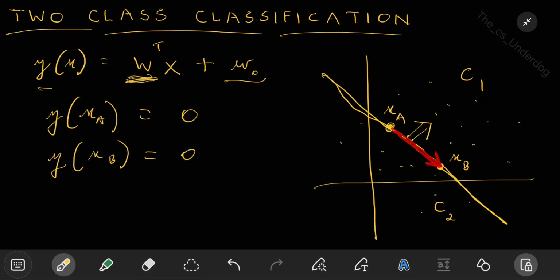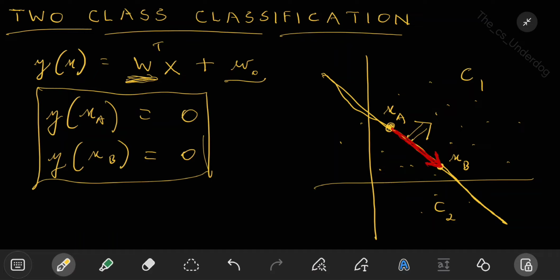Agree with this? So both y of xa and y of xb are 0. What is y of xa? Y of xa is w transpose xa plus w0. And what is y of xb? Y of xb is w transpose xb plus w0. What is y of xa minus y of xb?